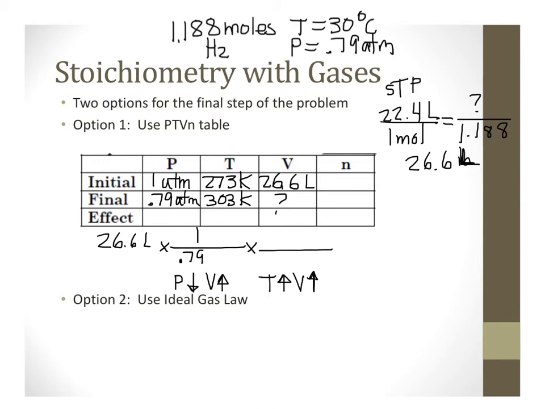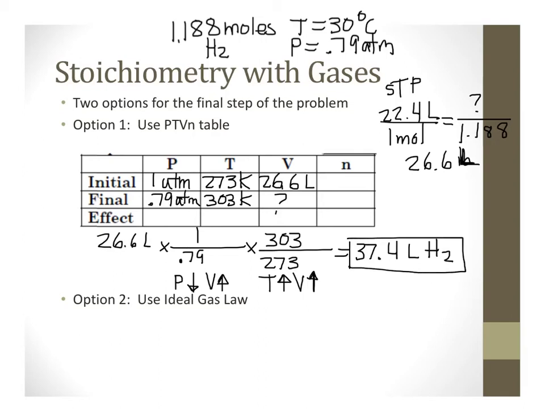So my temperature fraction should be bigger than 1, 303 over 273. And if I do the math, what I come out with is 37.4 liters of hydrogen at the conditions I want, 30 degrees Celsius and 0.79 atmospheres.